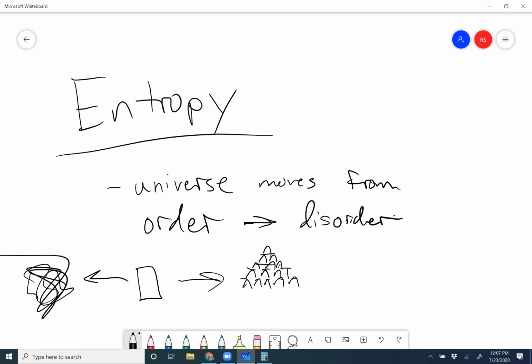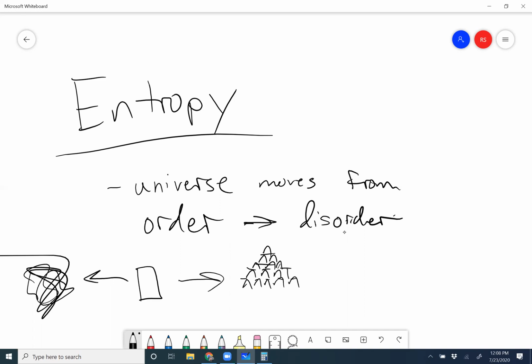If you were to come into a room and notice that the deck of cards turned itself into a house of cards, you would suspect that somebody came in and played with your cards. But if you just saw it as a giant mess, then you would think that you left the window open, or that there was an earthquake, or what have you. The disorder makes more sense than the order. And that is the law of entropy, that the universe is going to constantly move towards disorder.